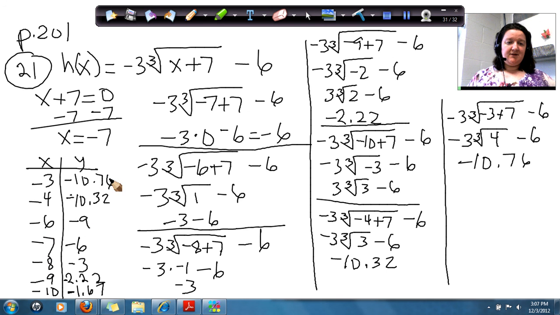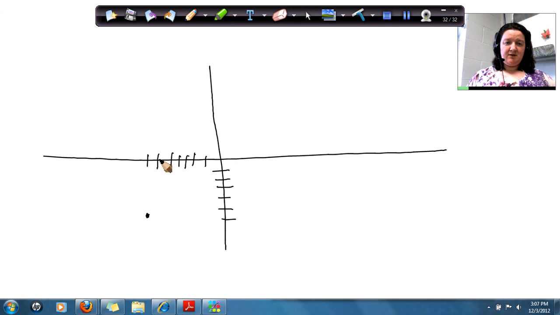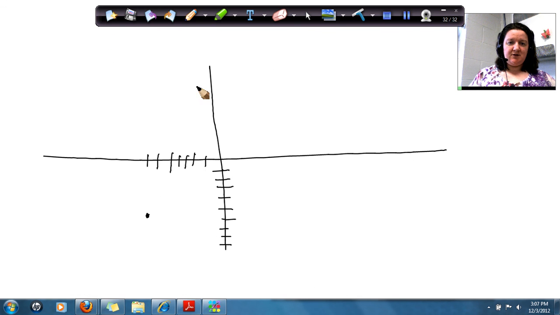If I look at negative 6, negative 9: negative 6, then 1, 2, 3, 4, 5, 6, 7, 8, 9 down. Did I do that right? Negative 7, negative 6, and then negative 6, negative 9. Okay.